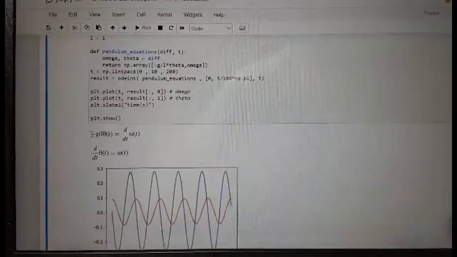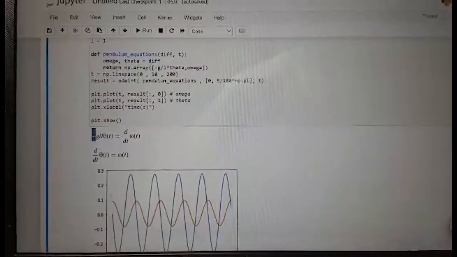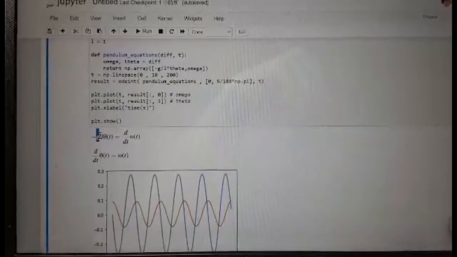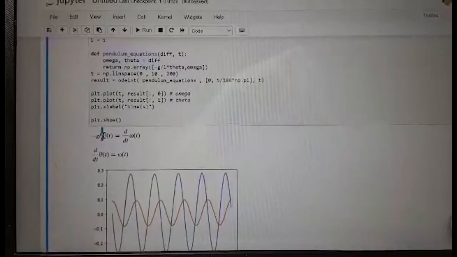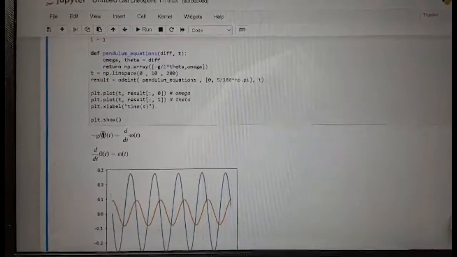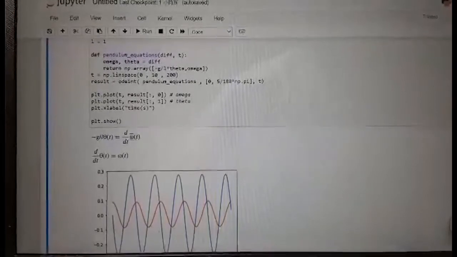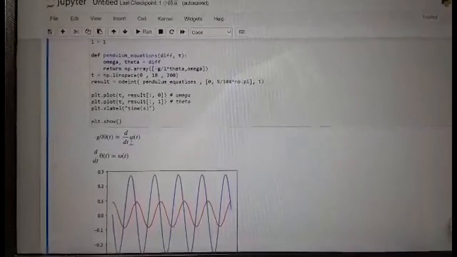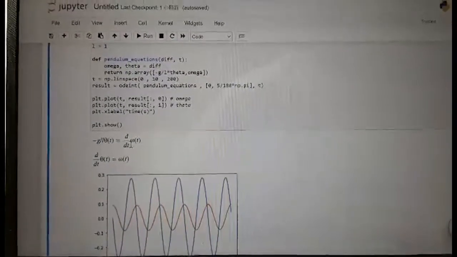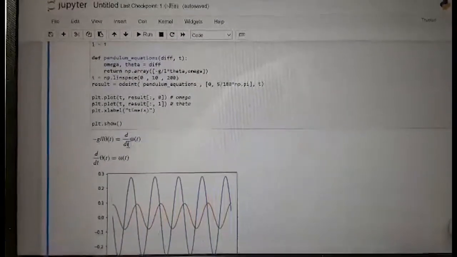And the equation will be minus g divided by L multiplied by theta is equal to omega as the first differential by time.